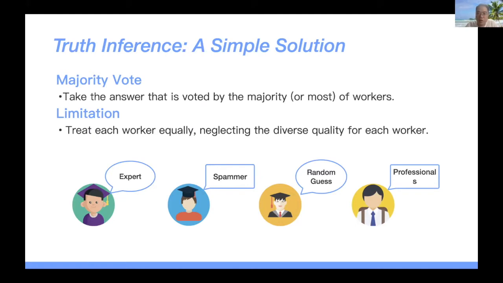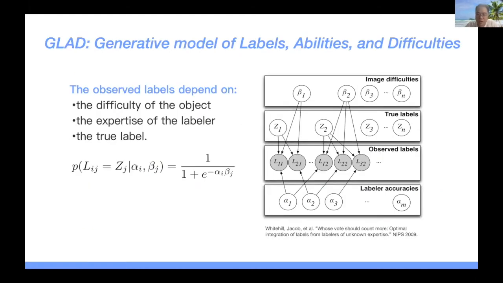To solve that problem, in 2009, Whitehill et al. introduced a model called GLAD. In this model, both the difficulty of the object and the expertise of the labelers are considered to model the probability of the observed labels. If you take this formula, let's say i means the ith worker, and alpha_i means the labeler accuracy of the ith worker.